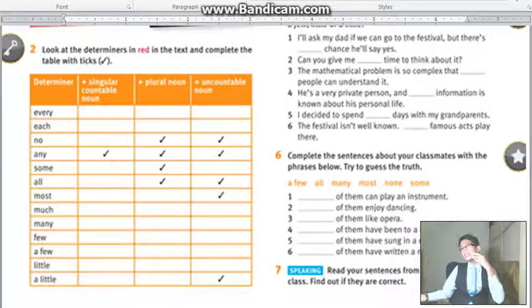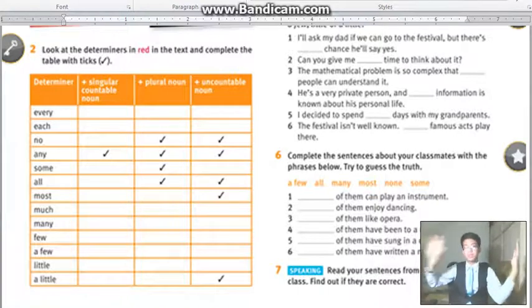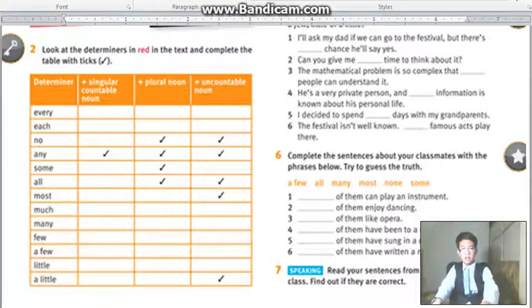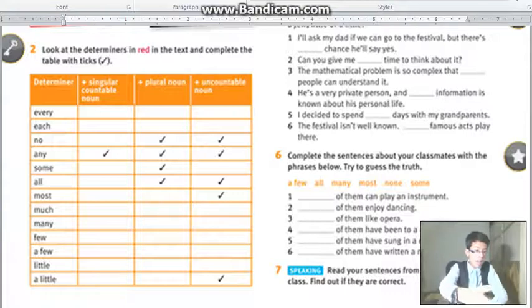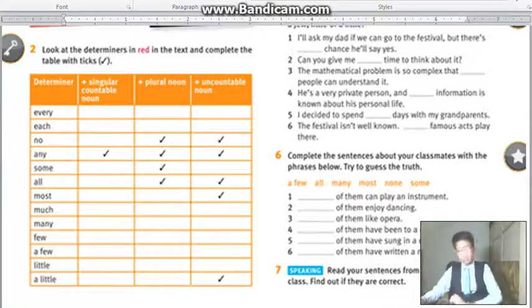But okay, so when you have a big group of people who are interested in learning English, you can do this with your friends. For example, you ask them, raise your hand if you can play an instrument.